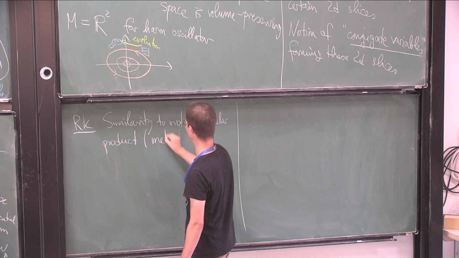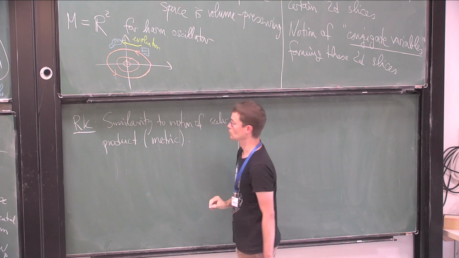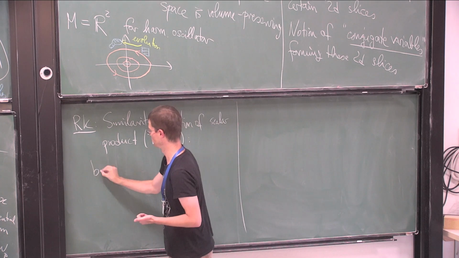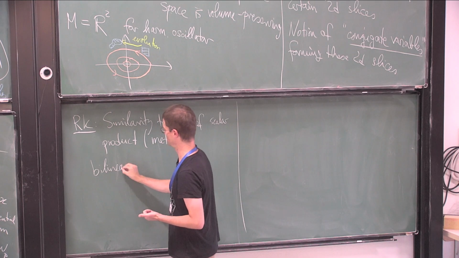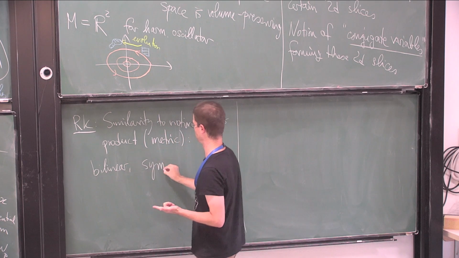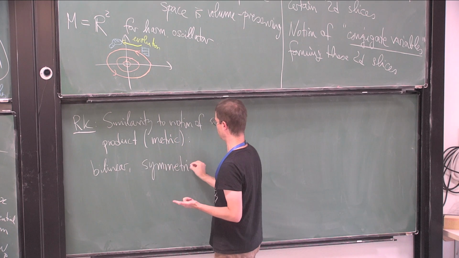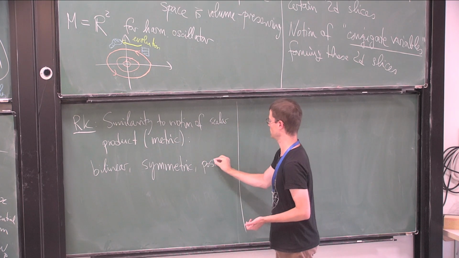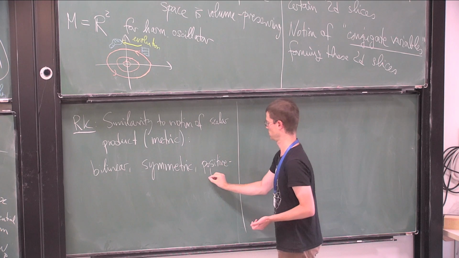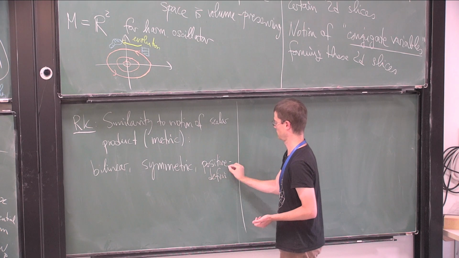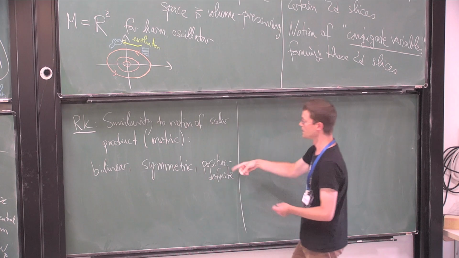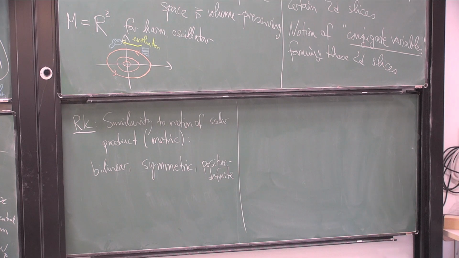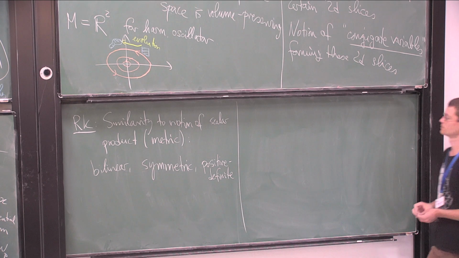The scalar product is bilinear, symmetric, and non-degenerate; typically what people say is that it's positive definite, which is very similar to being non-degenerate.